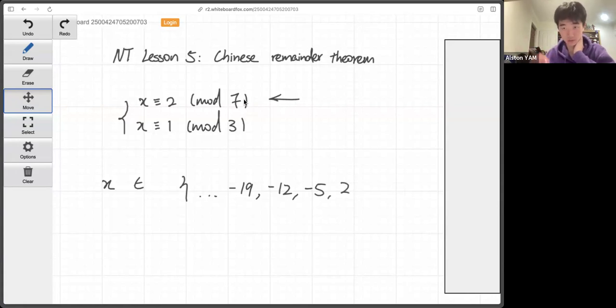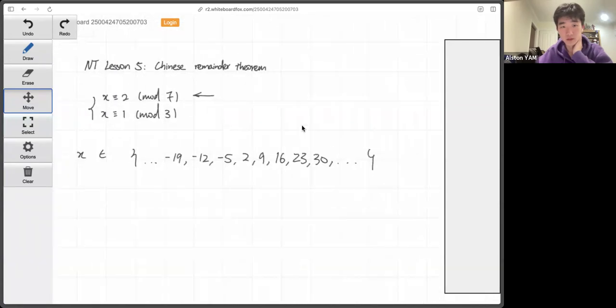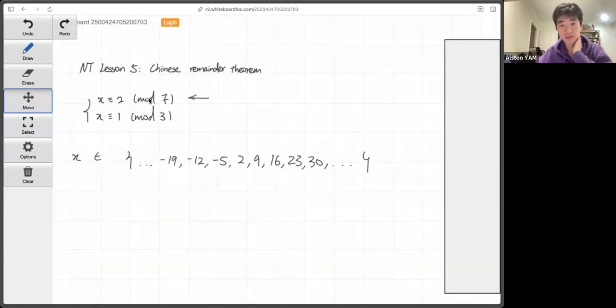And then we go into the positives: 2, 9, 16, 23, 30, and then it can keep going forever, right? So x must be in this set: negative 19, negative 12, and so on. If x is in this set, then we know that x satisfies this first condition.